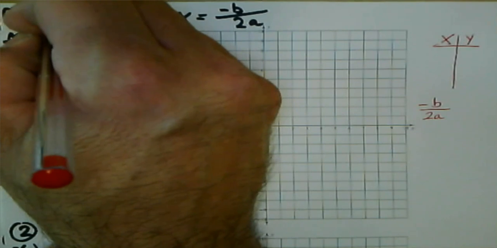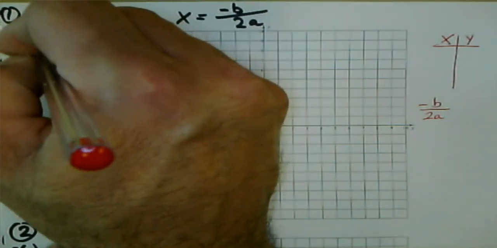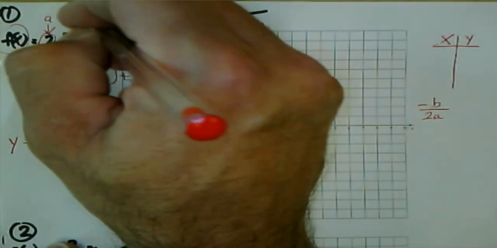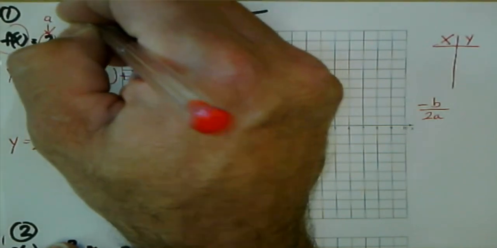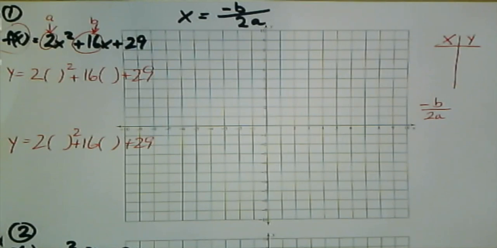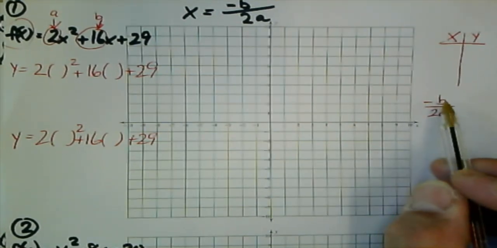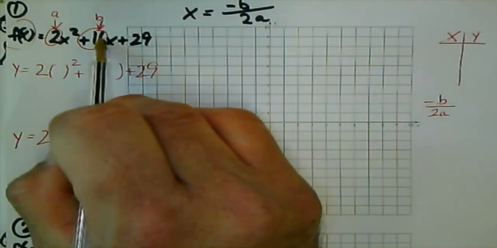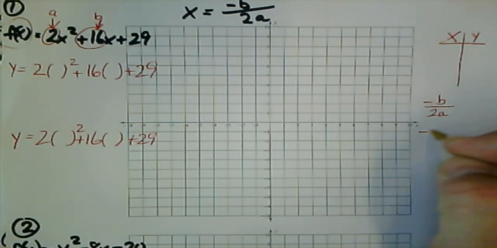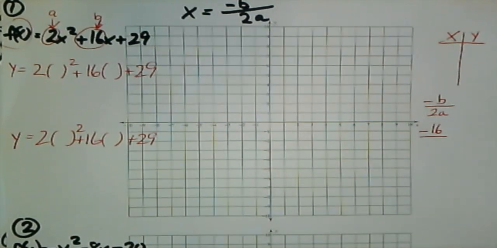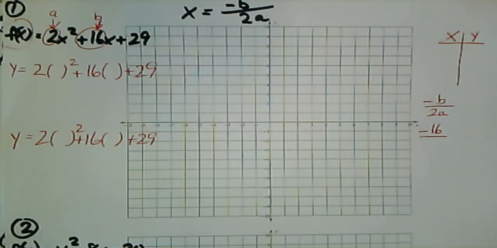Well, the a value is that 2, and the b value is that 16. You don't put the x and the y in there. So it's -b, which means the opposite of b, and since it's 16, the opposite of 16 is -16. Anybody not understand how we got that?